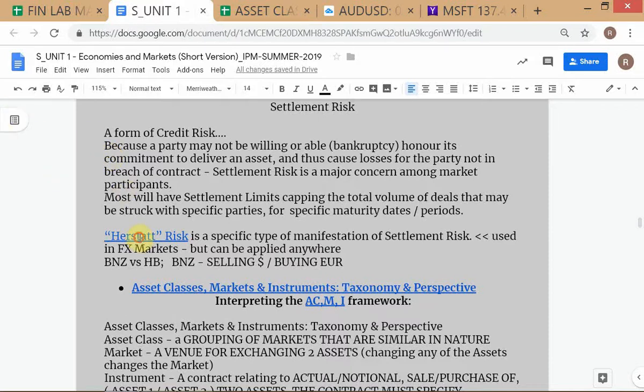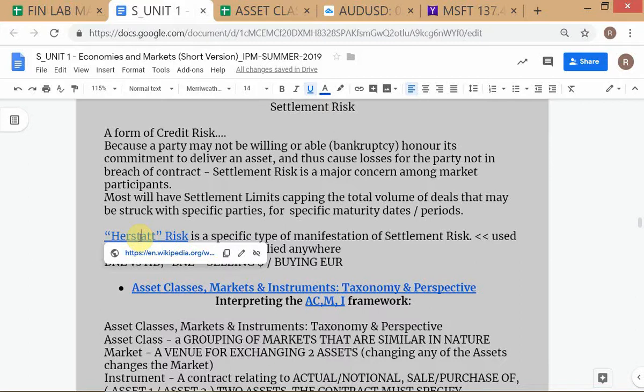Here is a case where a German bank called Herstatt went bankrupt. In currency transactions, remember, one currency is being exchanged for the other. Herstatt had many currency transactions maturing on a particular day.